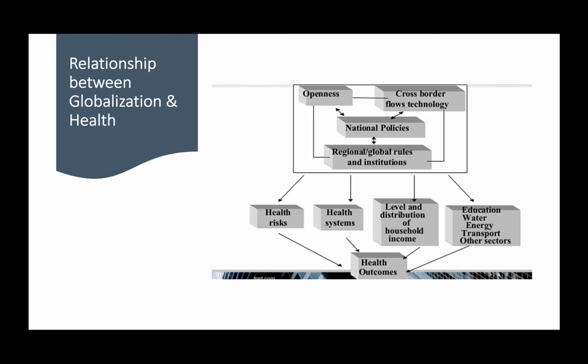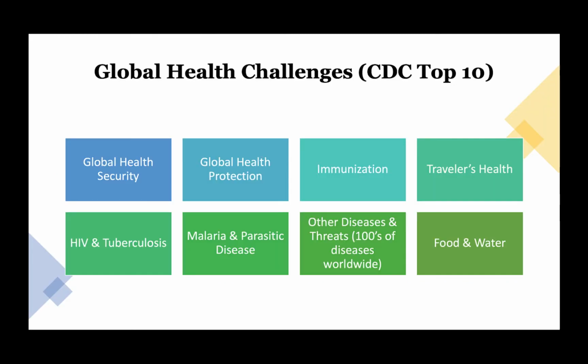So the openness of the border is a huge health concern for us, right? What if those people are coming over bringing COVID? What if they're not? I am not judgmental in any way, shape, or form. Just saying that national policies and all these things impact our borders, and it all has an eventual outcome on our population health. We're going to talk about the CDC's top 10 global health issues.